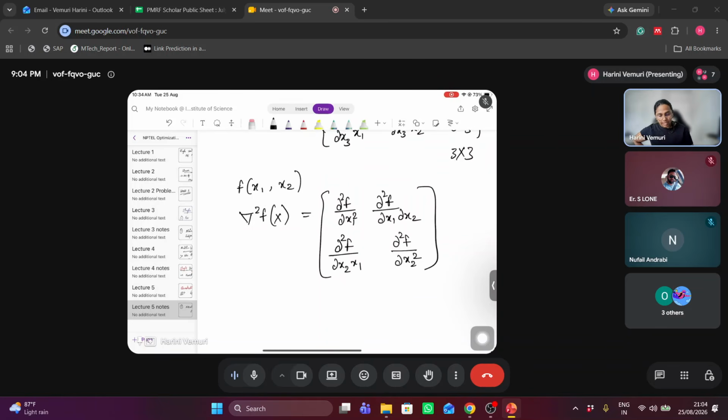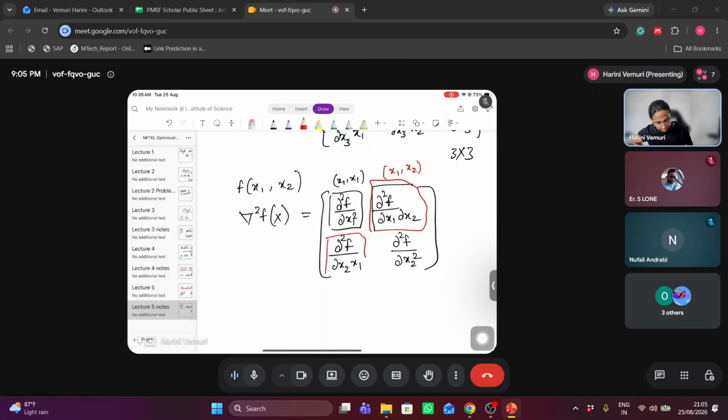Okay. So in this case, the first term, here we are initially partially deriving with x1 and then x1. That's why we have dou square f by dou x1 square. Okay. The second term, let us use a different color. Second term, if you see, first partial differentiation with respect to x1, then we will differentiate with respect to x2.